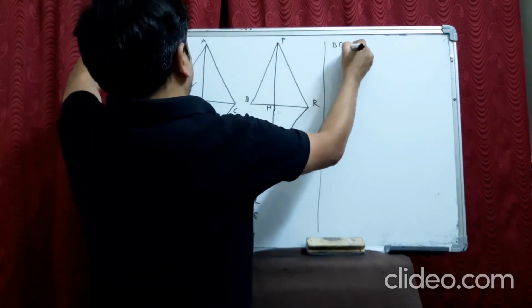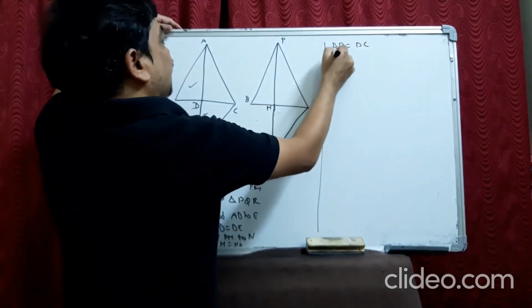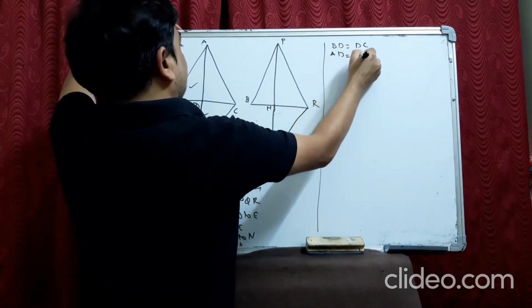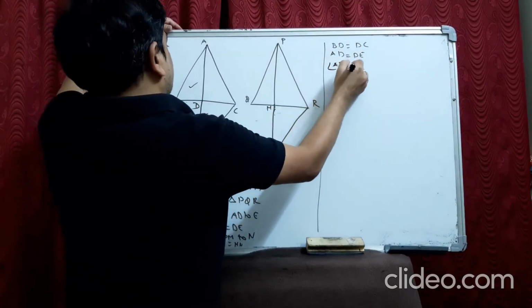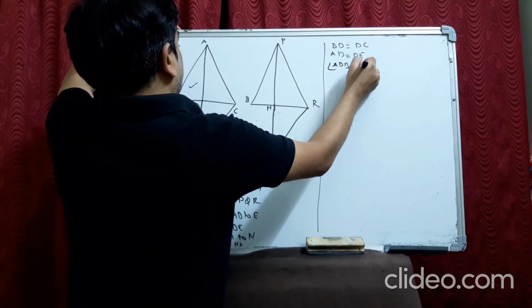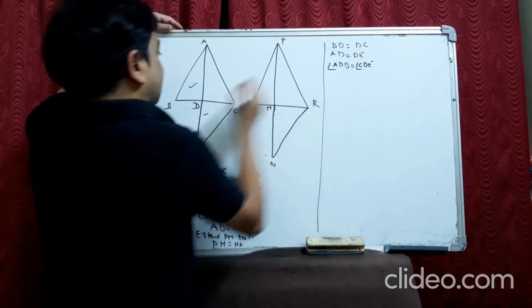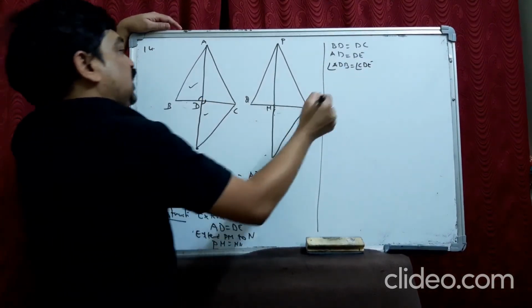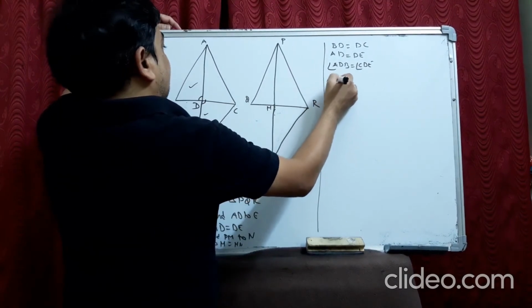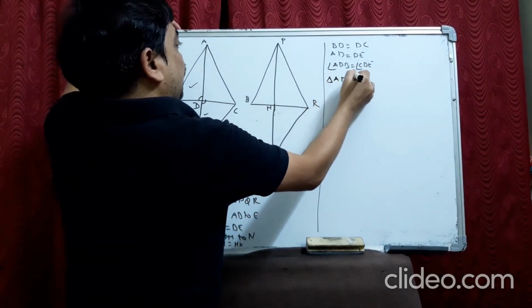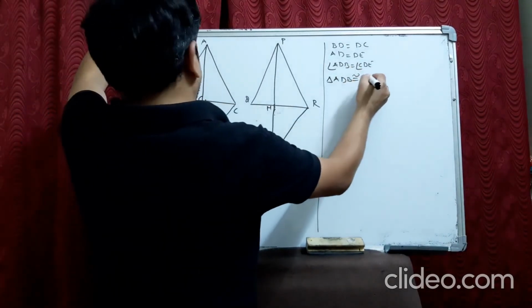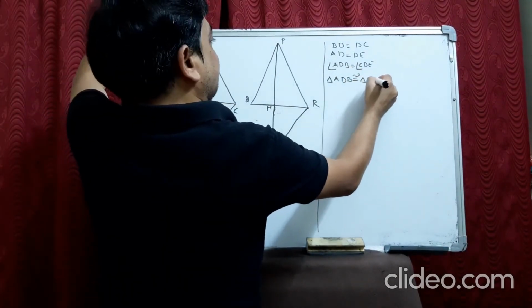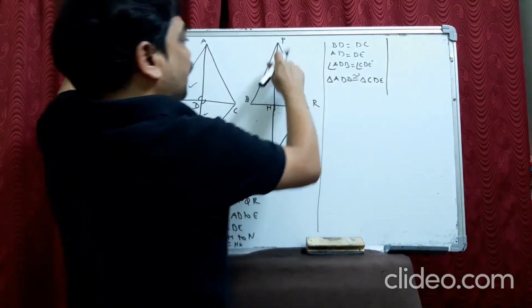BD is equal to DC and AD is equal to DE, and angle ADB is equal to angle CDE. These two angles are equal because they are vertically opposite. Therefore, triangle ADB is congruent to triangle CDE.